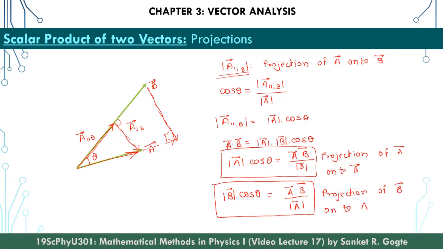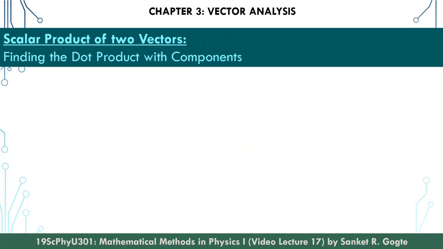onto vector A. Suppose we are given vector A and vector B by their components: A equals AX i plus AY j plus AZ k, where AX is X component of vector A, AY is Y component of vector A, and AZ is the Z component, whereas these i cap, j cap and k cap are the unit vectors along X axis, Y axis and Z axis respectively.